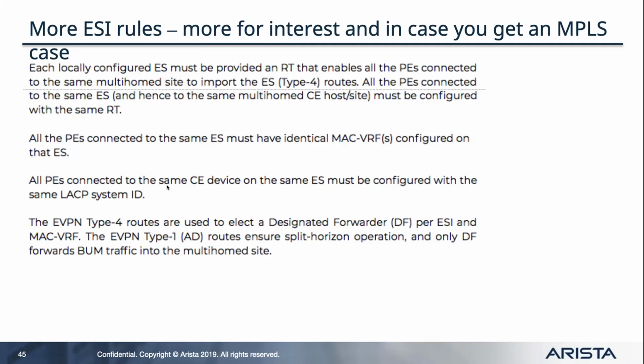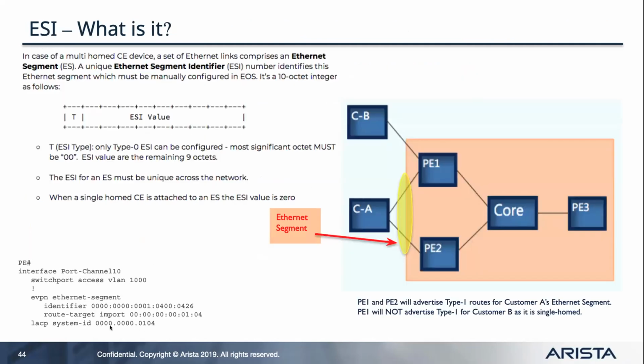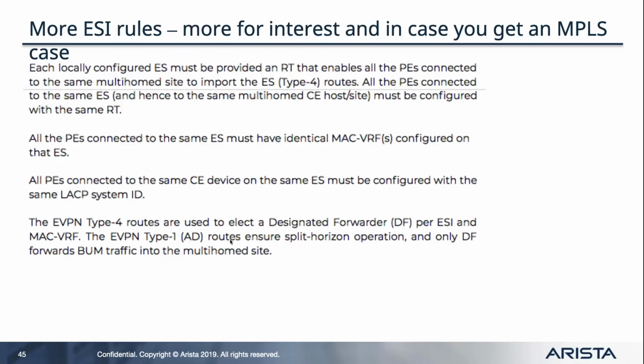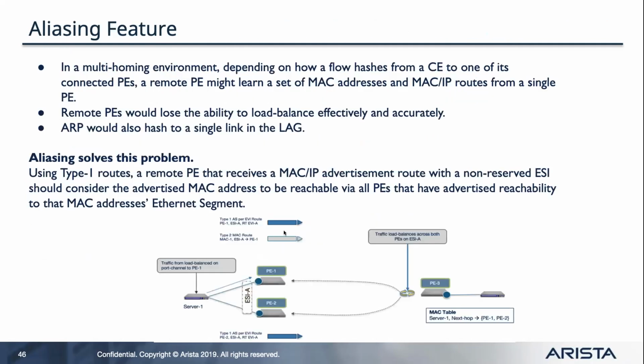All PEs connected to the same CE, also having the same Ethernet segment, must be configured with the same LACP system ID. So this should be the same on both. And for EVPN, the last one, we will see later, the designated forwarder. That is used in type 4, which we'll discuss.